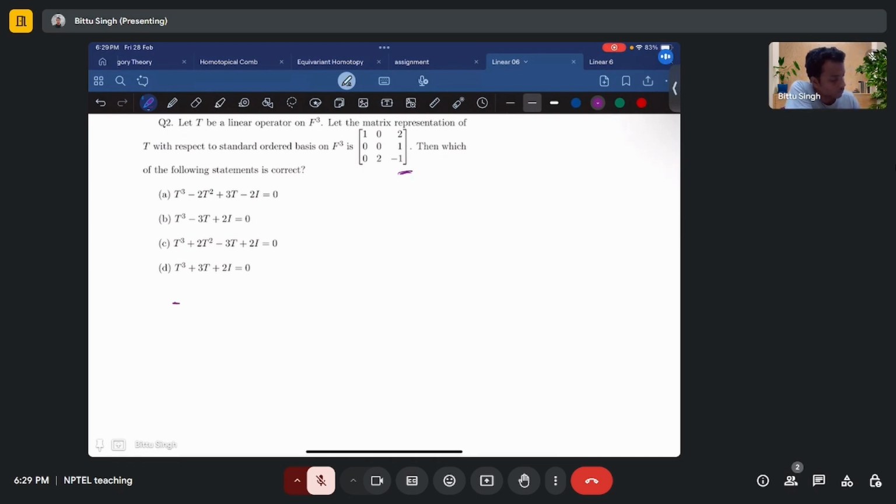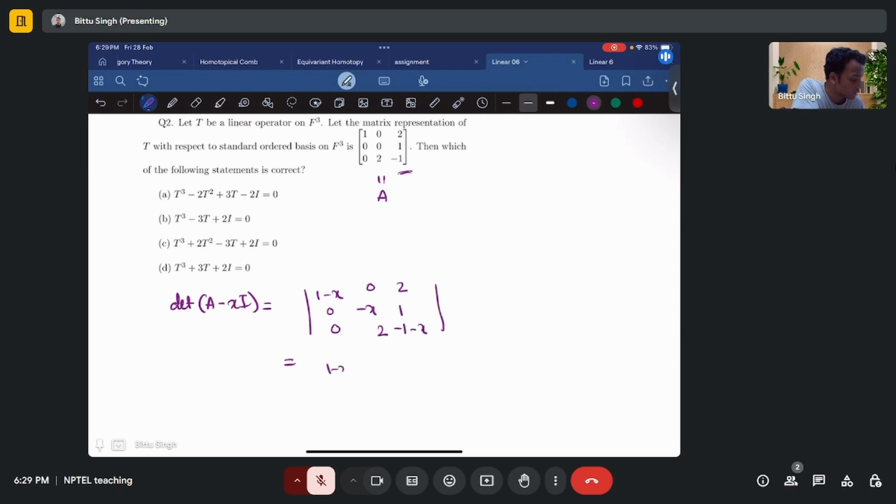Again we denote it by A. Then we need to find the determinant of A minus xI. So it is simply subtracting x from the diagonal, and the remaining entries are the same.